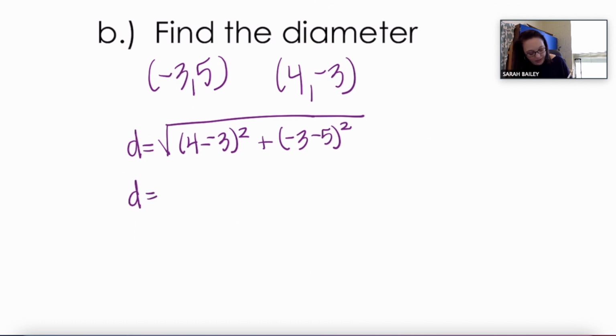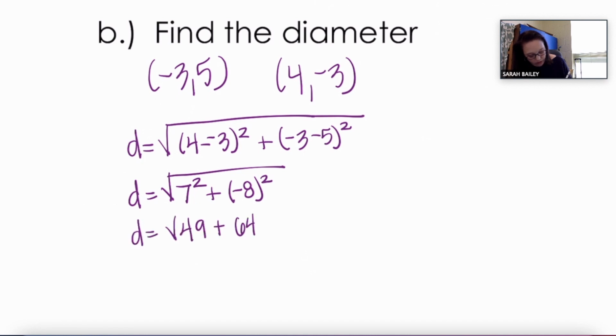Okay, 4 minus -3 is 7, so that's 7 squared. -3 minus 5 is -8, so -8 in parentheses squared. All right, so that's 49 plus 64. So when we do 49 plus 64, we get 113, which is not going to be a perfect square.